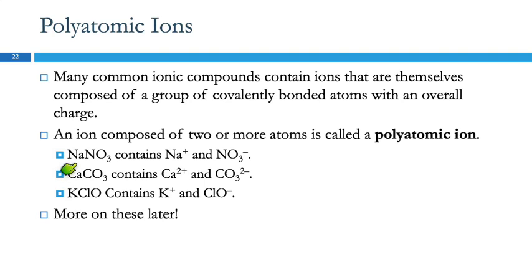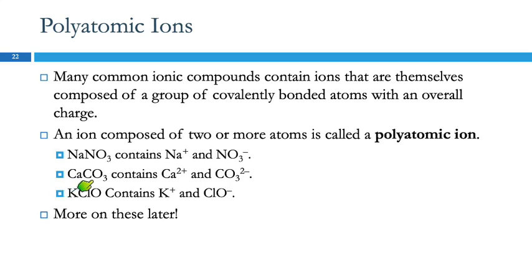The first element in an ionic compound is almost always a metal. That's the cation. Then if you cover that up, everything that's left together is the anion. So this has a sodium ion and a nitrate ion, NO3 minus.